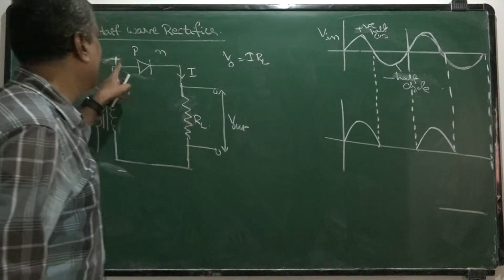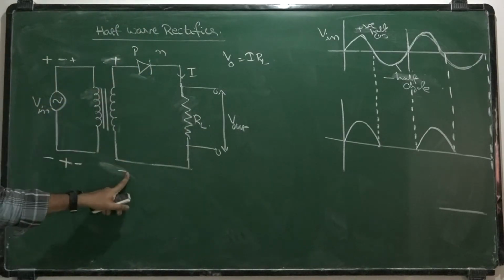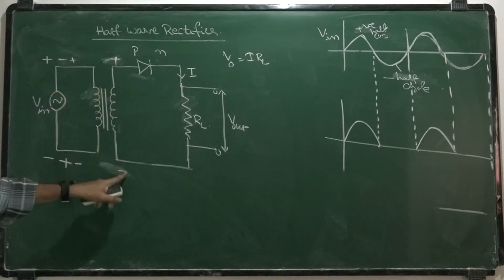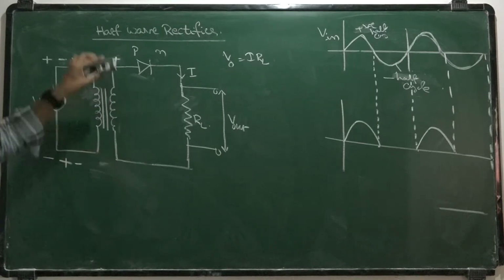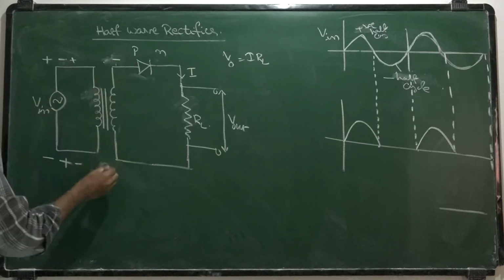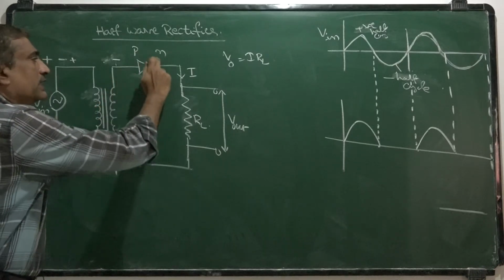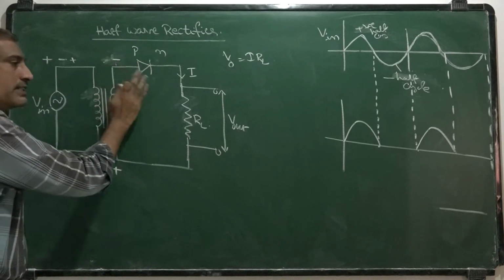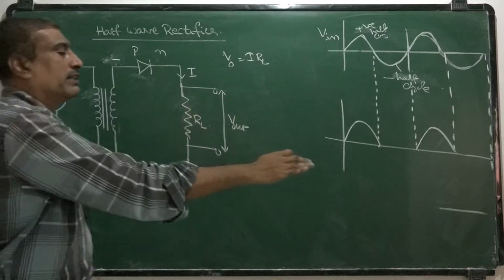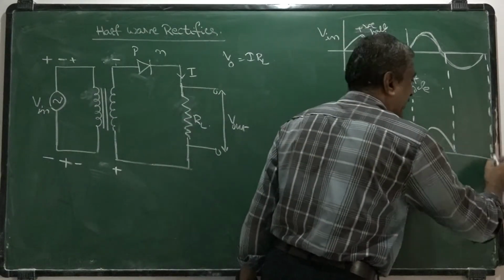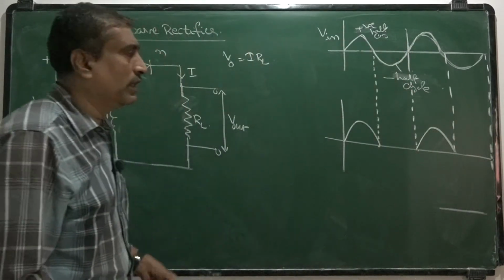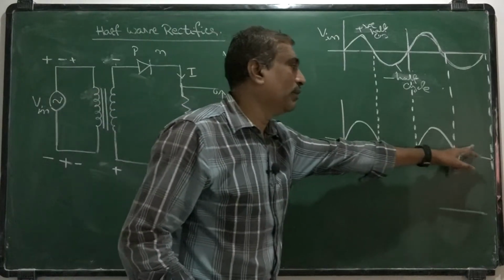And in the next half cycle this becomes negative and this becomes positive again, so this PN junction is again in reverse bias and does not conduct. In that place we won't get any rectification, so we won't get any output.